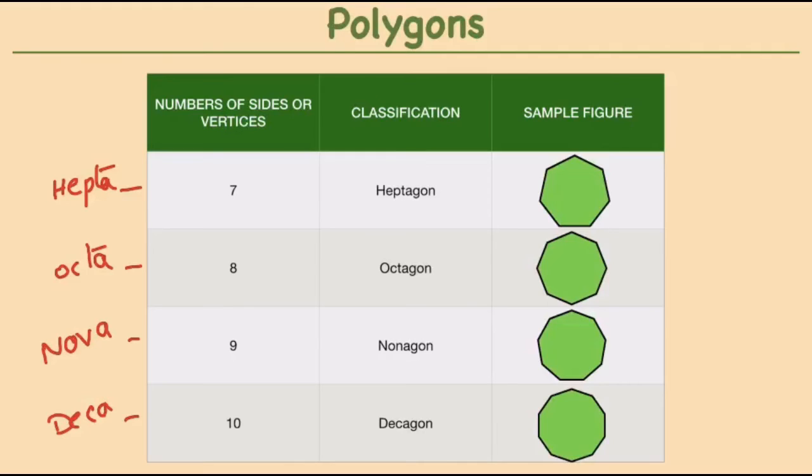So, based upon the number of sides, this figure is named heptagon, which has 7 sides and 7 vertices, and octagon, which has 8 sides and 8 vertices, nonagon, which has 9 sides and 9 vertices, and decagon, which has 10 sides and 10 vertices.